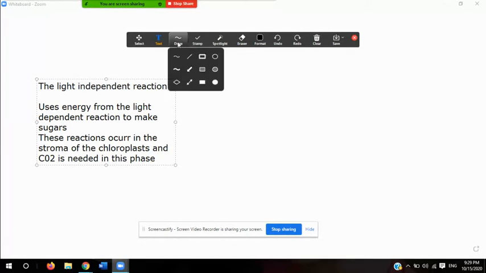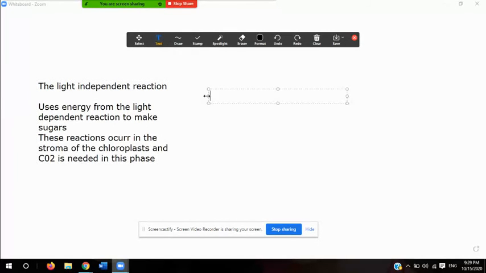So in the light independent phase, it says carbon dioxide is added to a cycle of chemical reactions to build larger molecules.